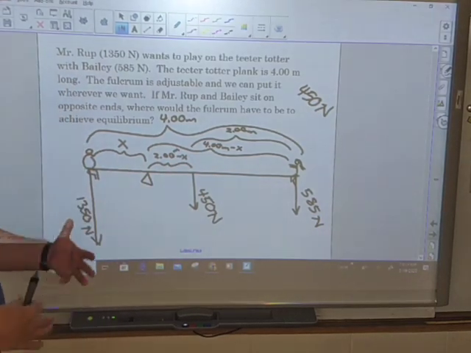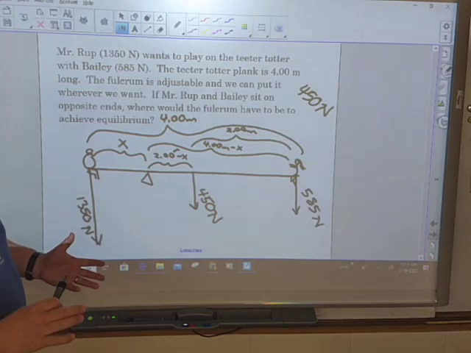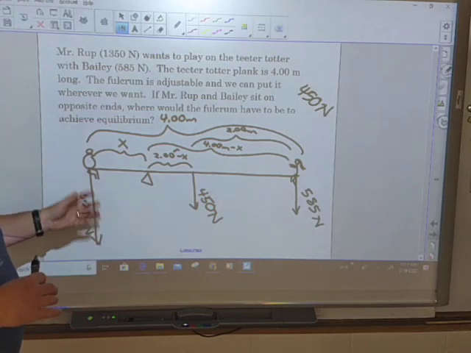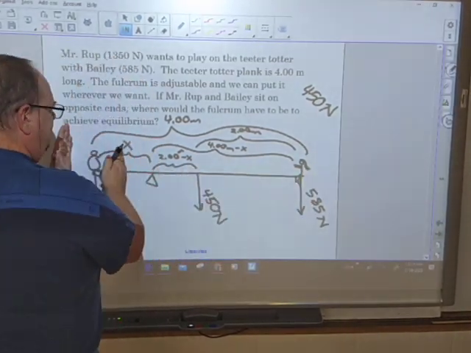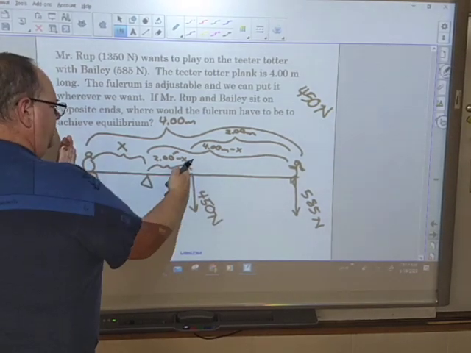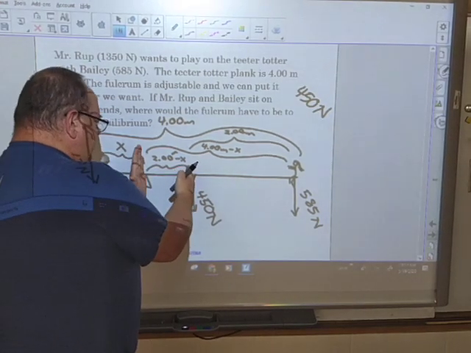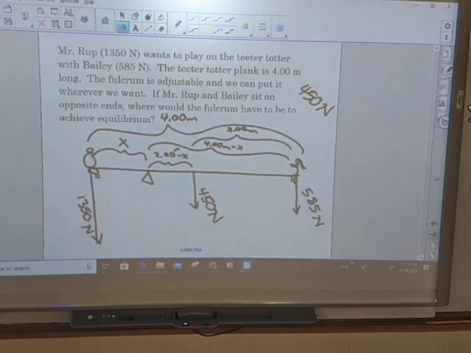Now, if you need to stop and look at that a little bit, do so. But everything's got to be measured to x, and we know the overall length. So if it's 4 meters from here to here, and this is x, then this is going to be 4 meters minus x. 2 meters from here to here, then this is going to be 2 meters minus x. Okay? So with that diagram, I have all my distances.